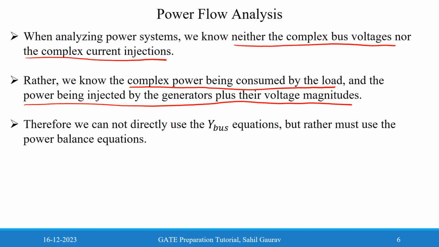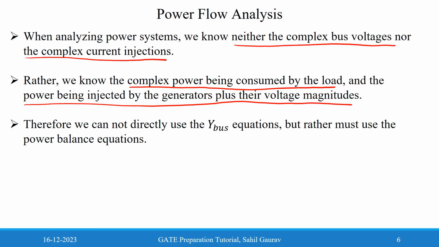Anyone can say that if we know the bus admittance matrix, then we can directly find the current injected or bus voltages, but that is not the real case. Actually, complex bus voltages and complex current injections are both unknown quantities.